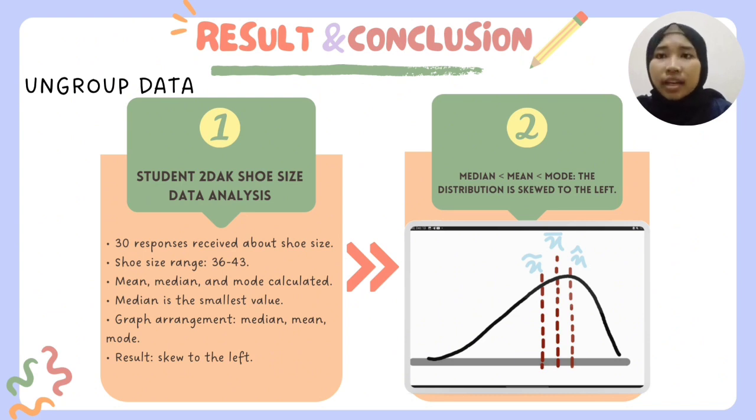Once we collected the data, we proceeded to calculate the mean, median and mode. After all the calculations, we figured out that the median is the smallest value among the three. So this results in the graph being skewed to the left, which is median is less than mean and less than mode.